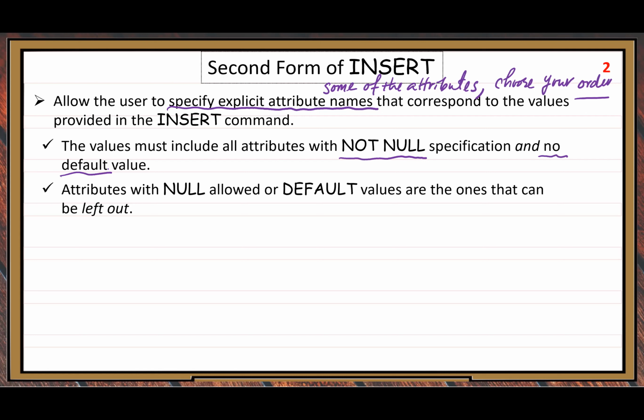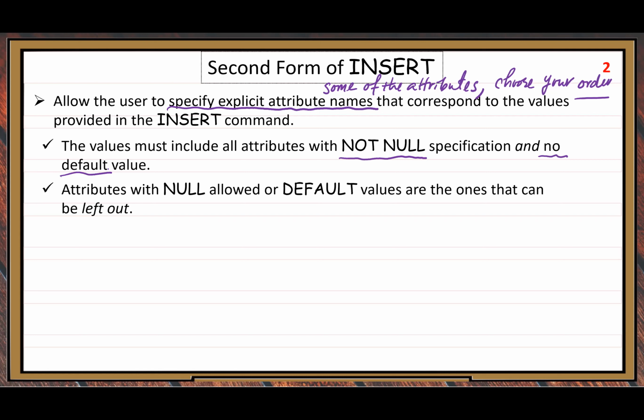In this case, if you do not include that attribute in your insert statement, then the null value will be used. There won't be an error, because a null value is allowed. So that's the first case.